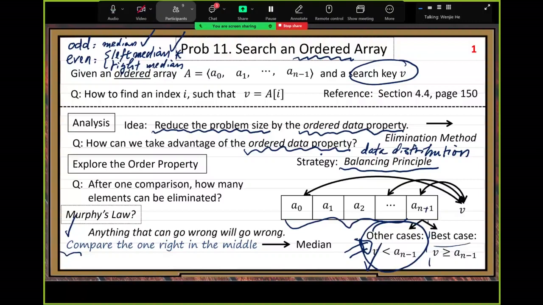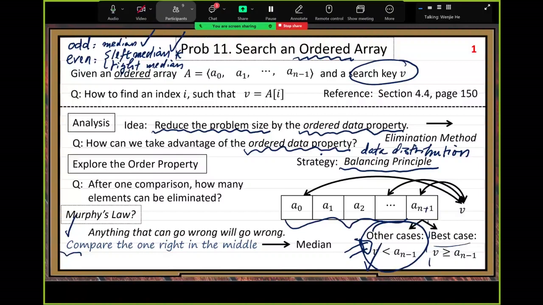And here, when we want to find the appropriate element to compare with the given key V, we split the given array into two subarrays, a left subarray and a right subarray. So we distribute data into two subarrays.